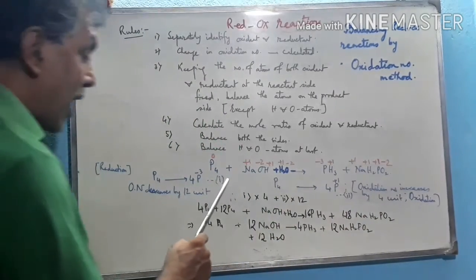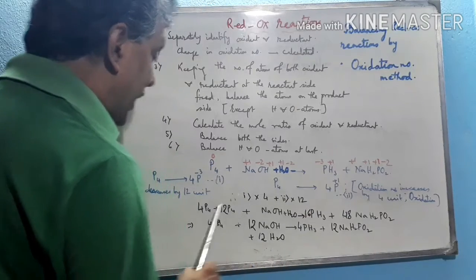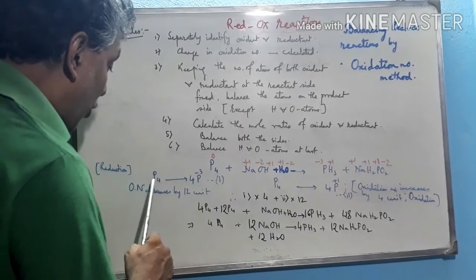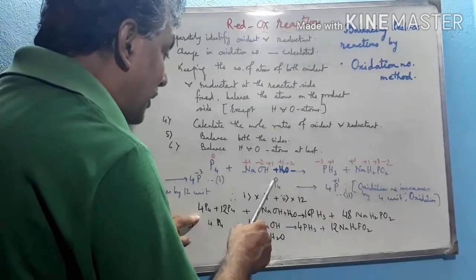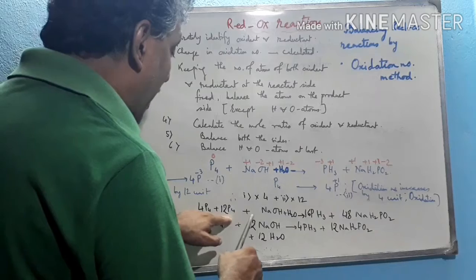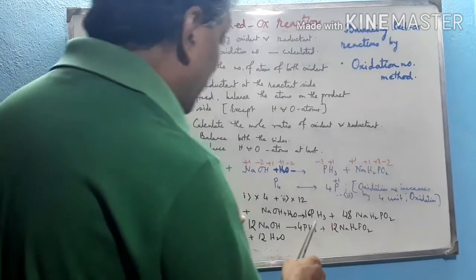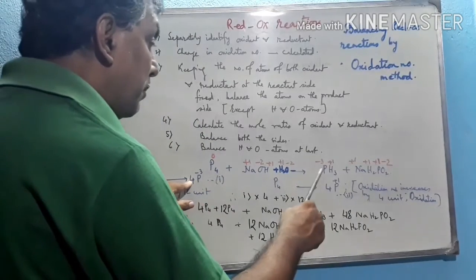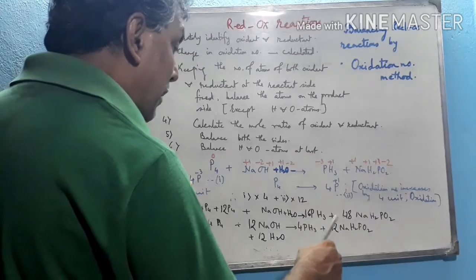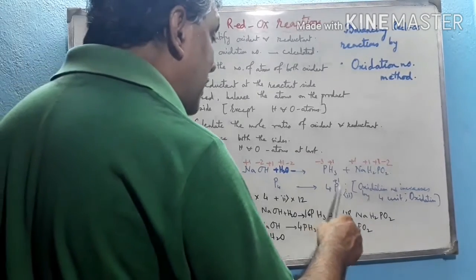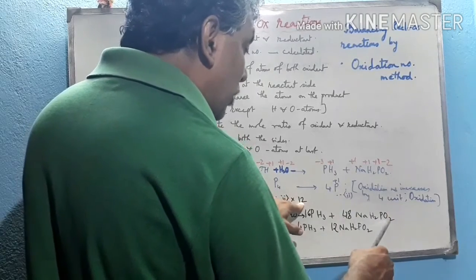So multiplying the first by 4 and the second by 12 and adding these two, we get 4P4 multiplying 4, 4P4 plus multiplying 12 with this, 12P4 plus NaOH, which remains unbalanced, plus H2O also, arrow, 4PH3, so multiplied by 4 it becomes 16PH3 plus 4 NaH2PO2 multiplied by 12, so 48 NaH2PO2.